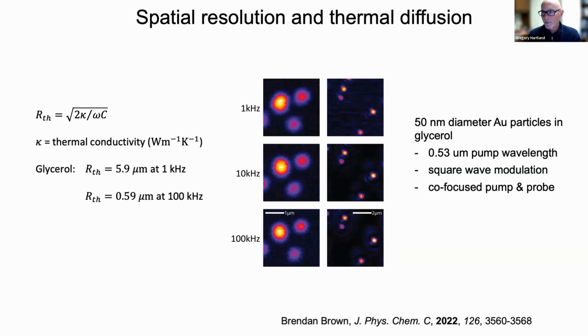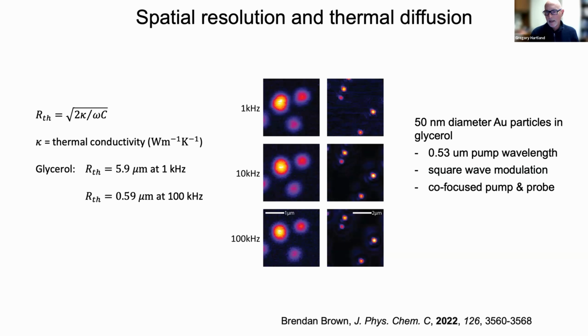These experiments were done in the regular way, in that we focused both the pump and the probe at the sample, and we scanned the sample through the pump. So basically what's happening here is that you only get a signal when your pump laser hits the particle, and so the spatial resolution is basically controlled by the pump laser.